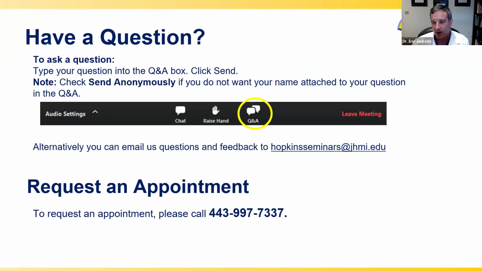What are some questions a parent should ask the surgeon at the initial appointment? I think the questions about the diagnosis: are you sure about it? And then what are the treatment options?